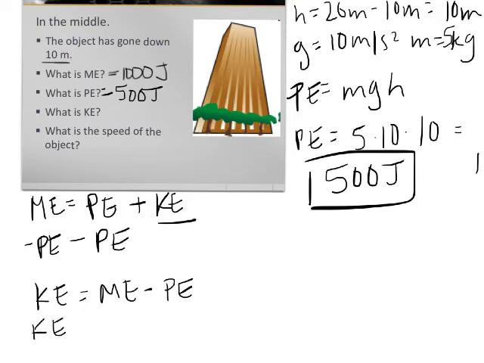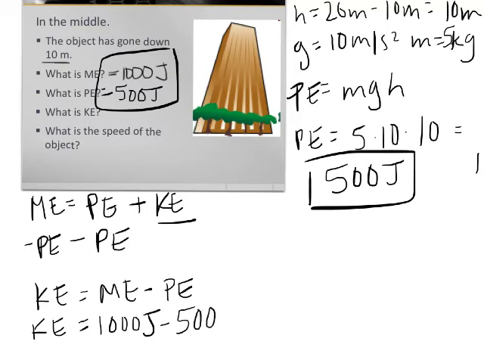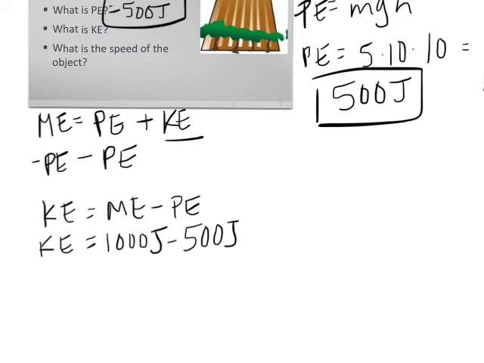And we know our mechanical energy, based on what we have written up here, is 1,000 joules, minus our potential energy, which was 500 joules. So our KE equals 500 joules. Okay? So now we have a known of KE being equal to 500 joules.